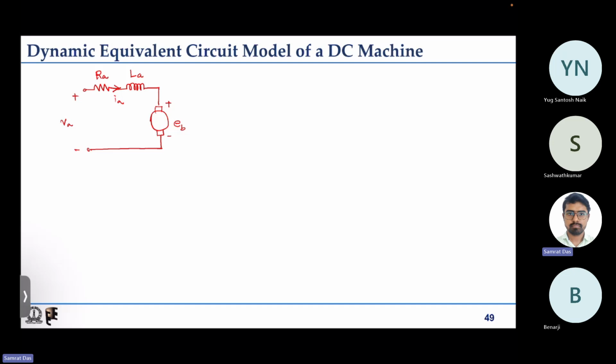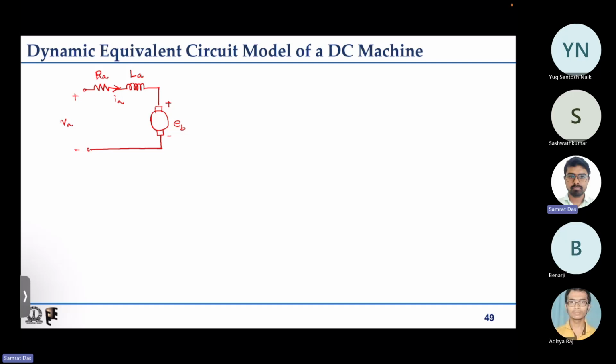So we have the field winding, the field inductance, and the field winding resistance also. So there is no back EMF term. We have a voltage applied across the field, with RF, the field winding resistance, and LF, the field winding inductance, and some current IF will flow.